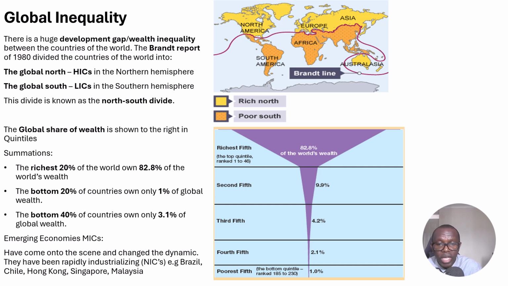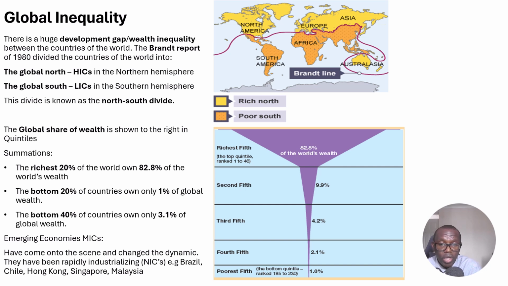And you can see that on this map here on the right, those countries are shown using the yellow color. Then we also have the global south, which consists of countries in places like Africa and South America, which are shown in the orange color and are referred to as the poor south.